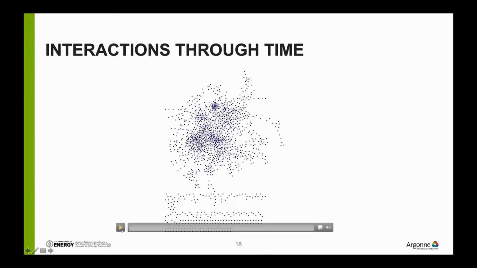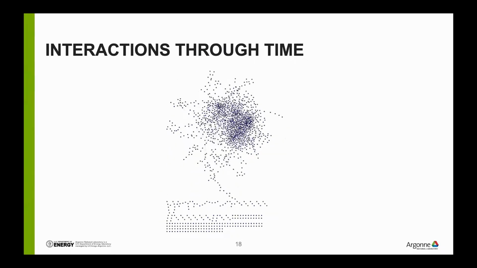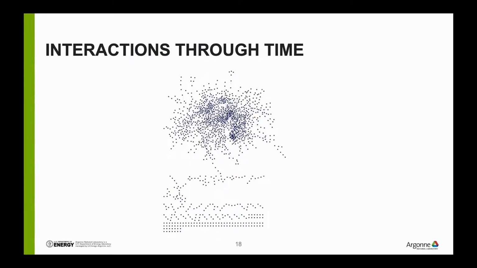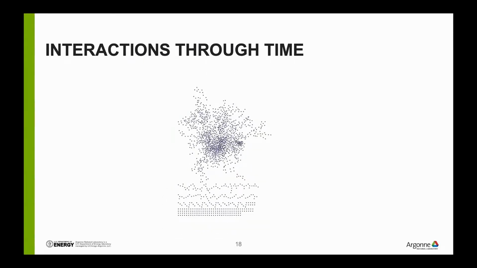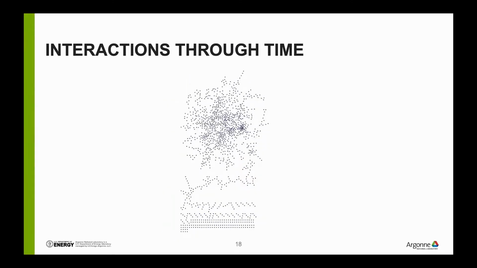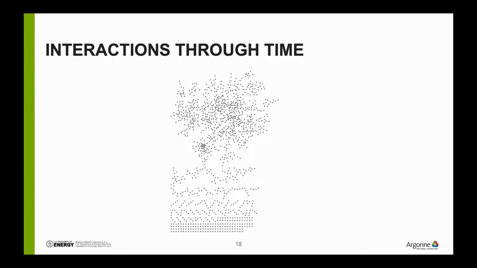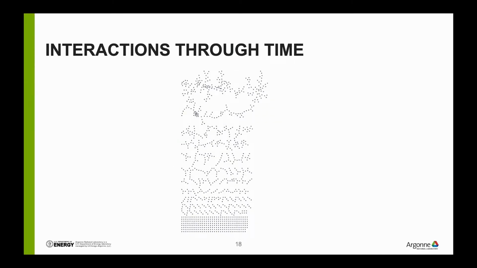So if we look at the interactions through time, what we see is that they change quite a bit. Right? So although the community composition itself is relatively stable, potential interactions between community members, the activity, what they're doing, changes through time. And I'm not actually going to show the whole video here because even though it's only 2 seconds, it does seem to take forever.